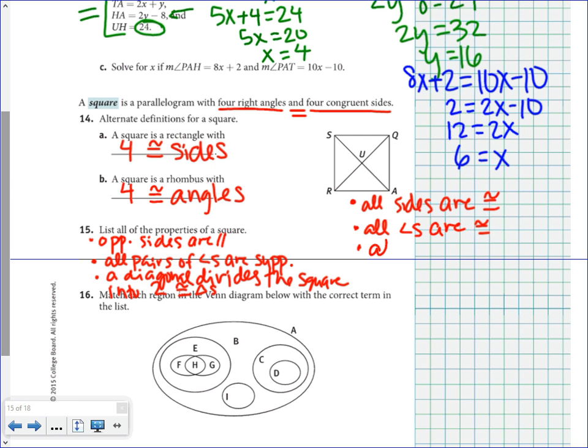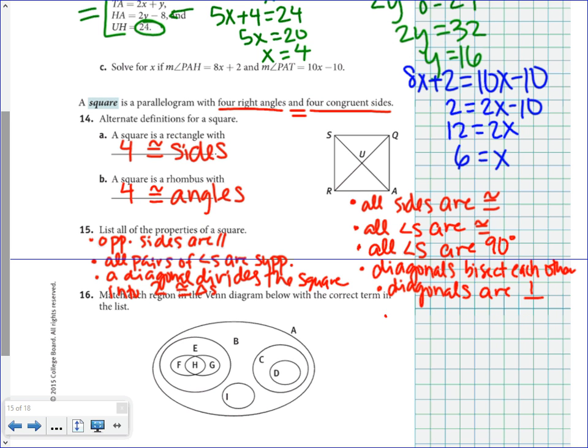Another one, all of your angles are 90 degrees. The rest of them relate specifically to the diagonals. So the diagonals bisect each other. Also, the diagonals are perpendicular.